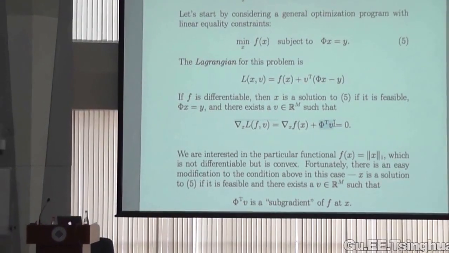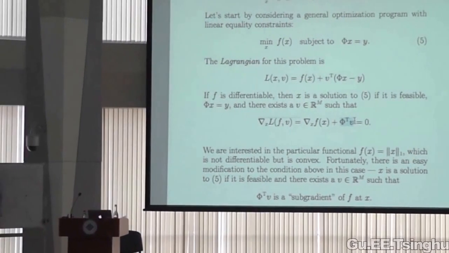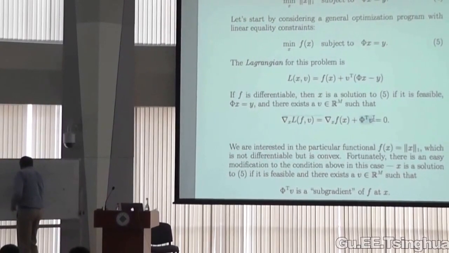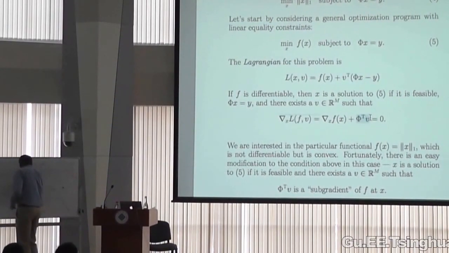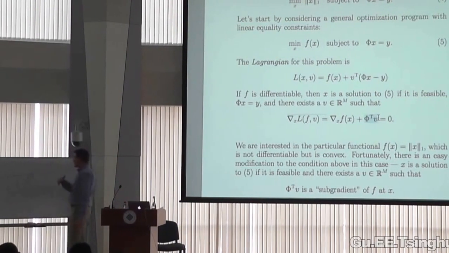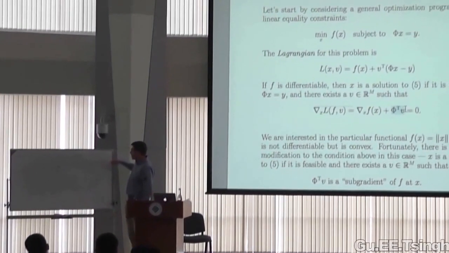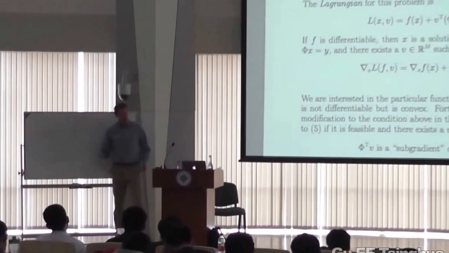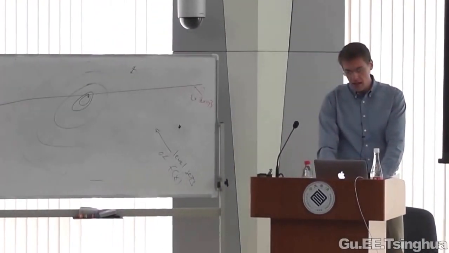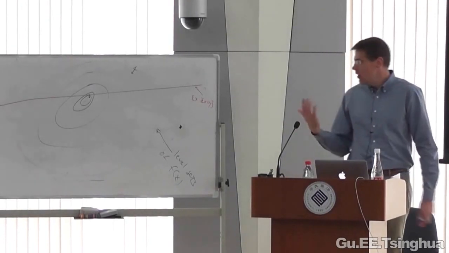Basically what it says is, at this optimal point, what I need is the gradient at the edge of the contour line to be orthogonal to this red line. Let's think about why I'm saying that for a second. When I say that the gradient has to be in the row space of phi, what does that mean?